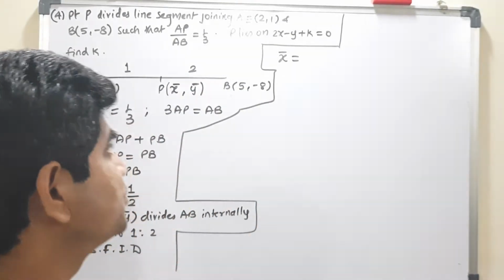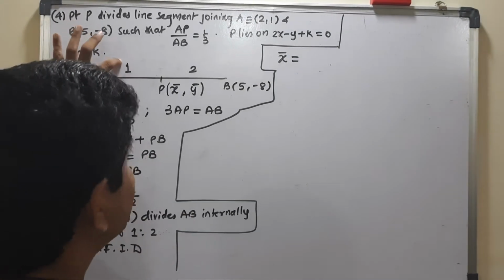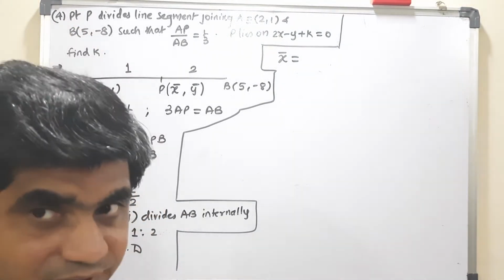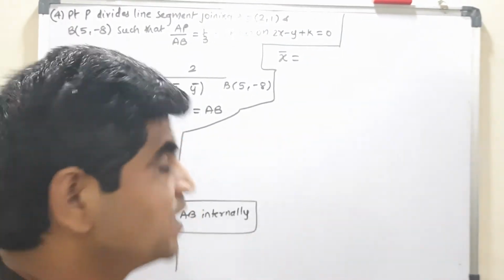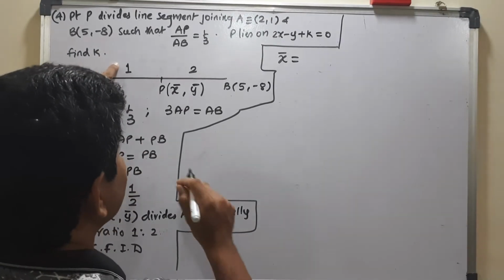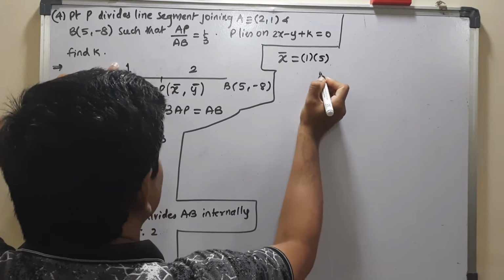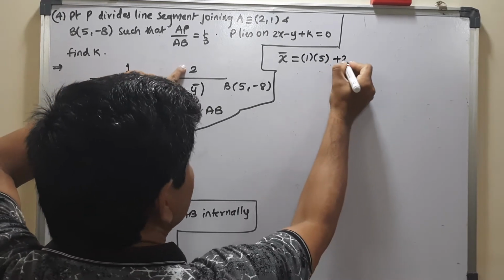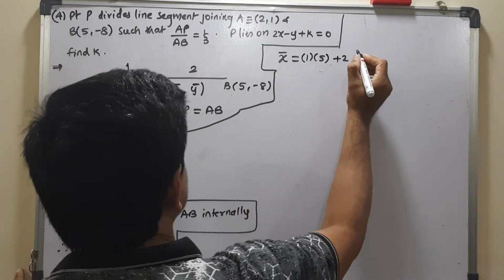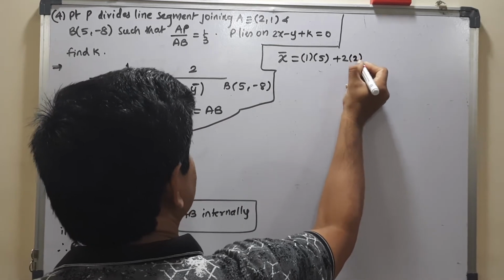How did I tell you? If you remember, left will go with right. So 1 into 5, plus 2 will come this side, that is into 2. You remember, na?